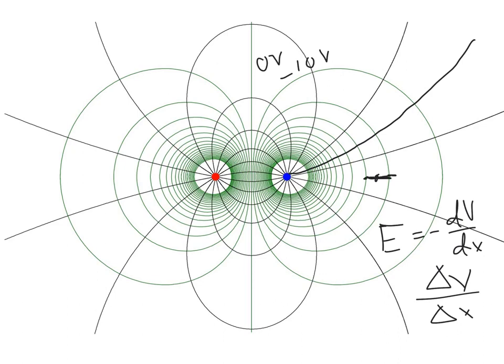If we measured and said that was 2 centimeters, then it was a change of 10 volts per 0.02 meters. That would give us an electric field of, mental math, 1,500 volts per meter at that point, approximately.